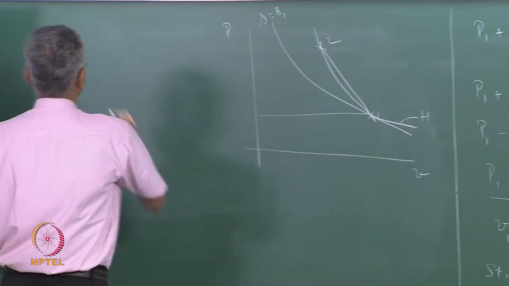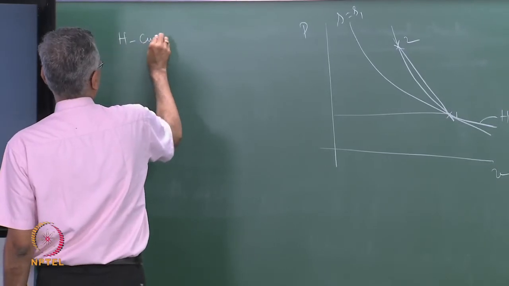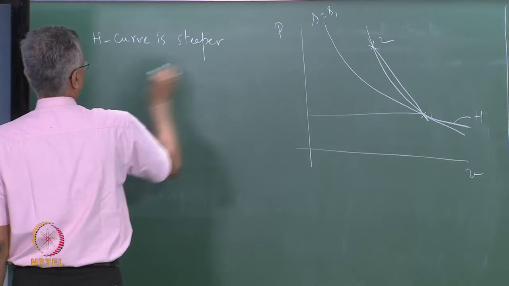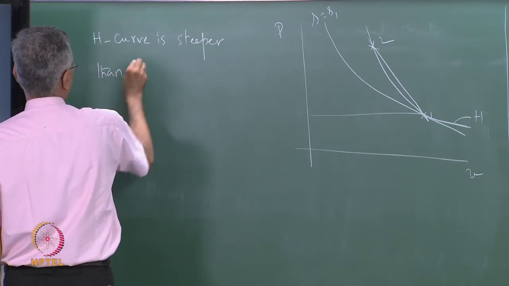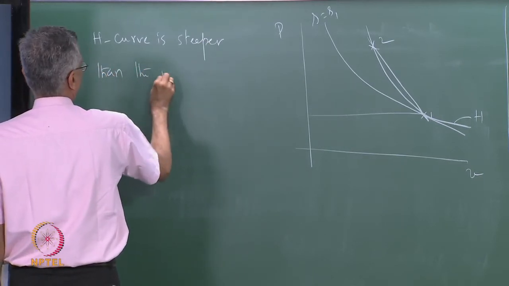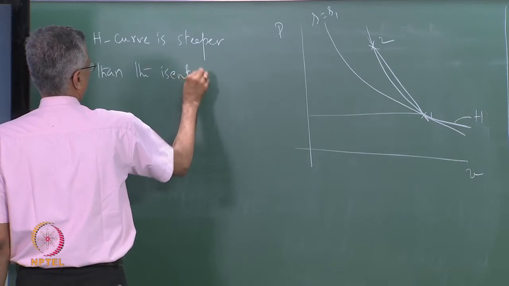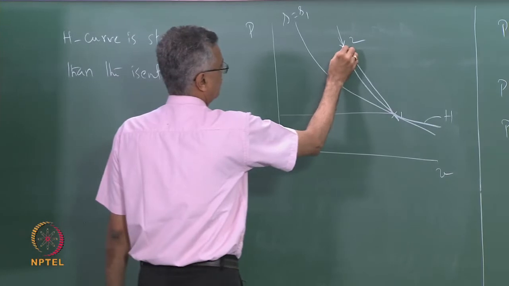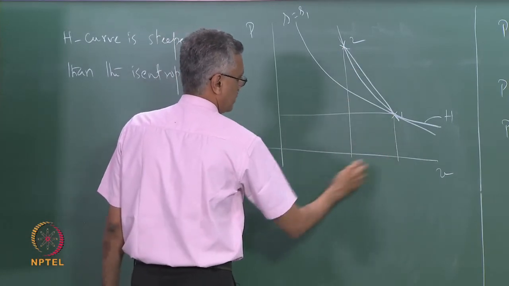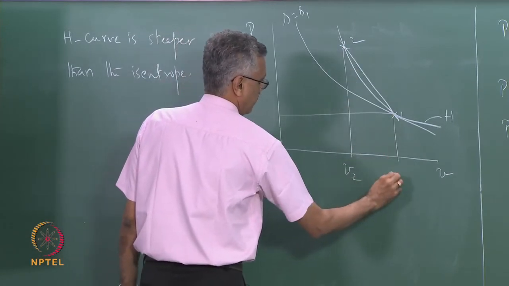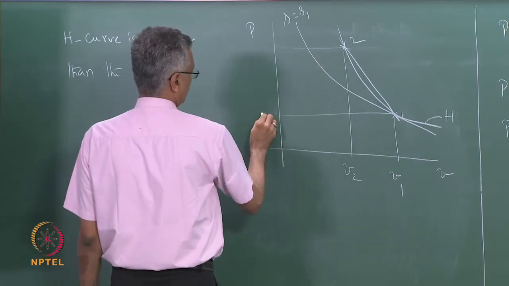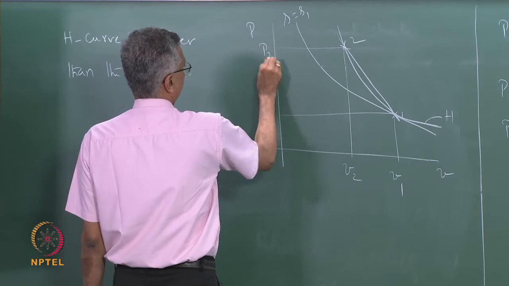Since the H curve is steeper than the isentrope, for a given change in specific volume V1 minus V2, the change in pressure, this is P1, this is P2.